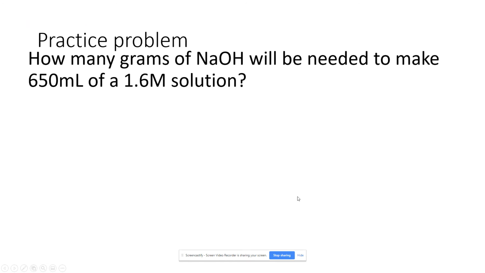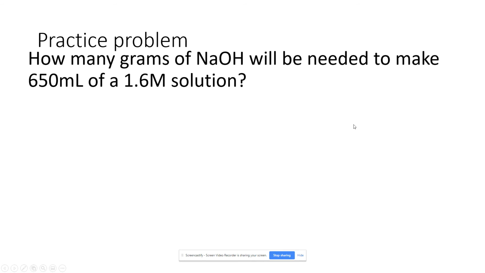Now, what about a more complicated variation, one that doesn't have an easy plug-in and solve? This one says: how many grams of sodium hydroxide will be needed to make 650 milliliters of a 1.6 big M molarity solution?